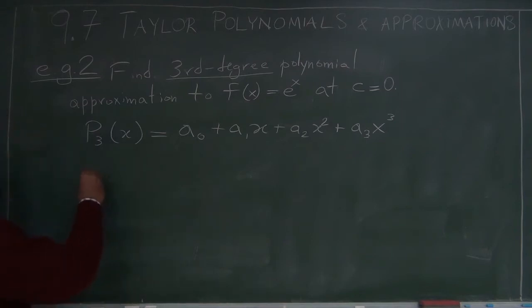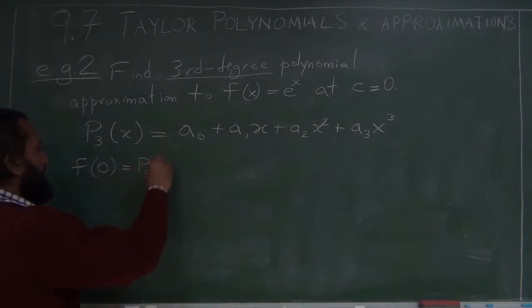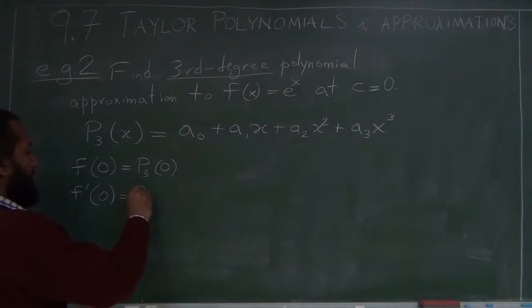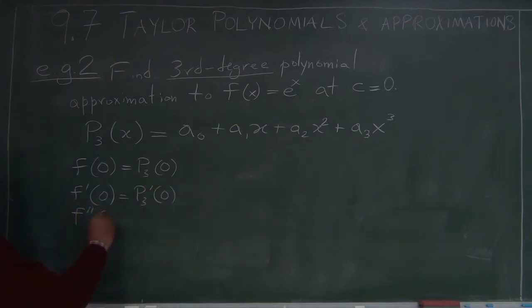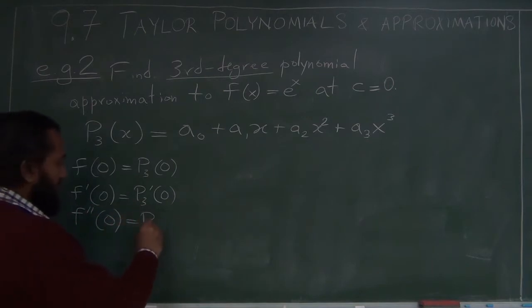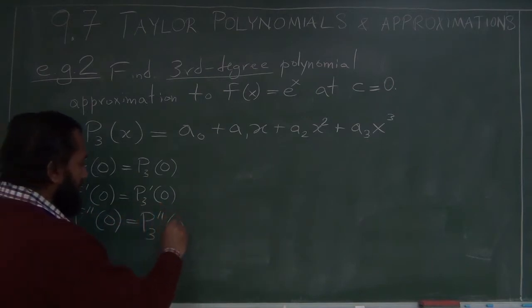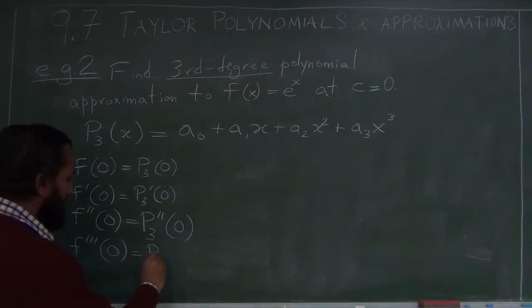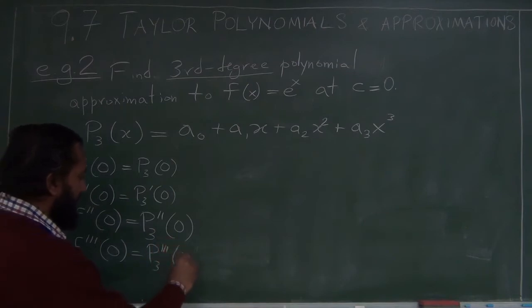So let's write these conditions. We want f of 0 equal p3 of 0, f prime of 0 equal p3 prime of 0, the second derivative of f equals the second derivative of p3, and finally the third derivative equals the third derivative of p3 at 0.